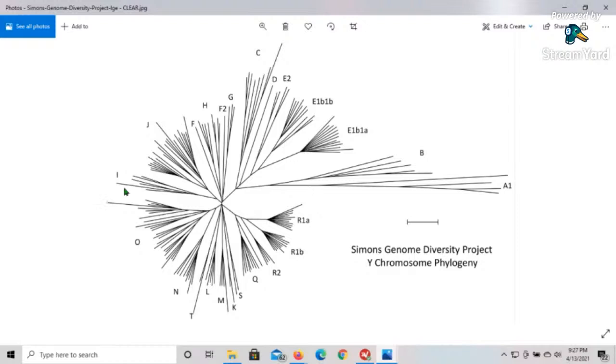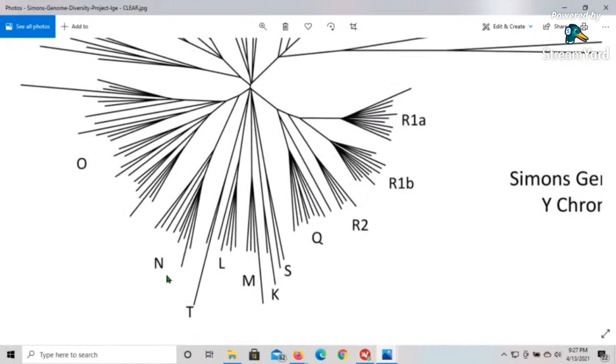And then the largest population, the largest Japhethite population is the O population, which in the end belongs to the same family tree. The N is connected to the O, even though they're separated geographically. You can tell way back when that they were connected at one time in the past.